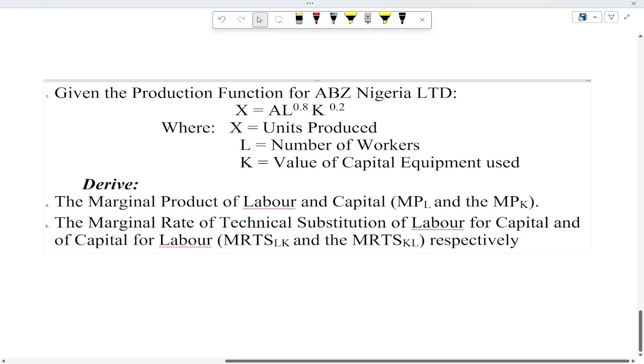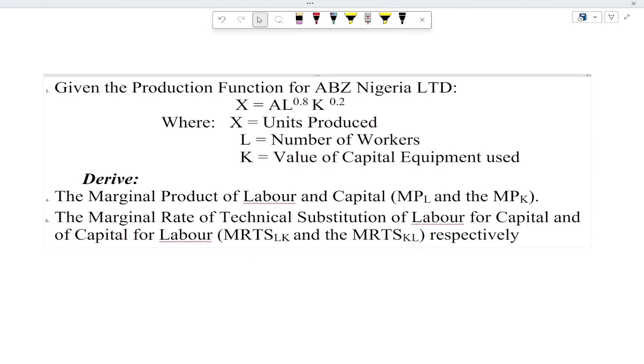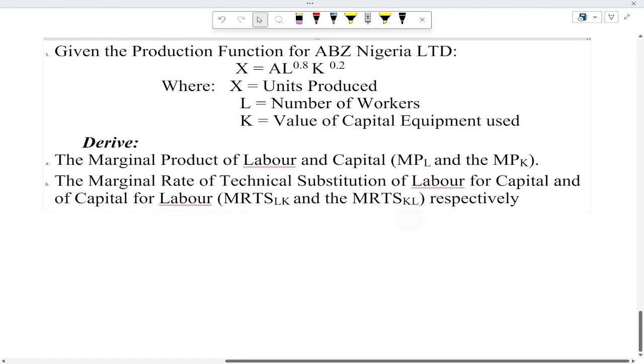Now, this is another simple calculation. You just go step by step and remember some of the small rules of indices and differentiation. So let's go.